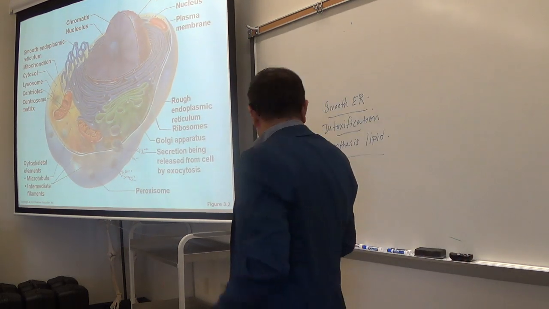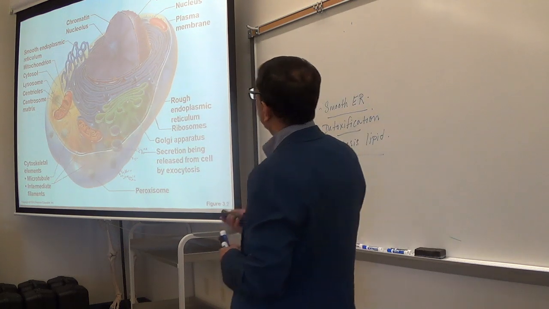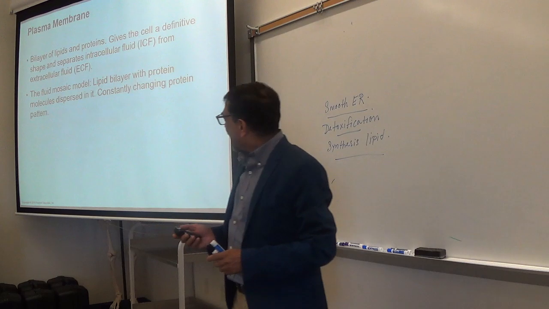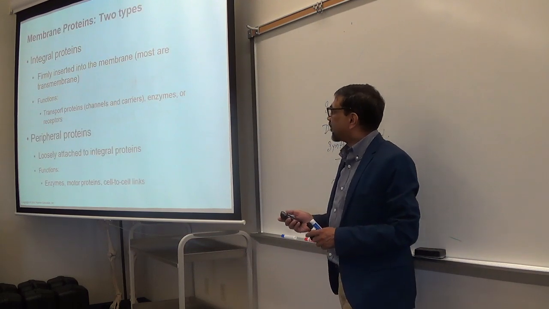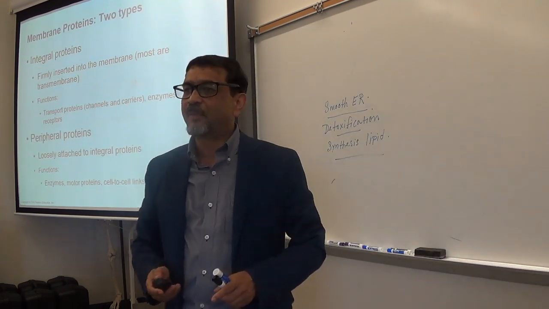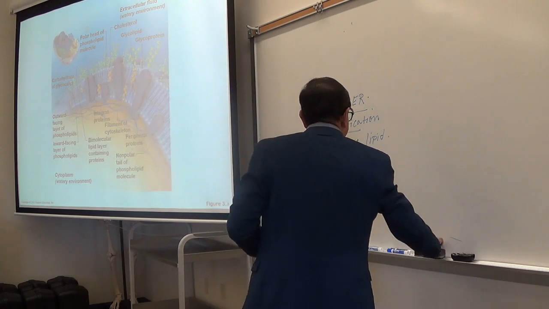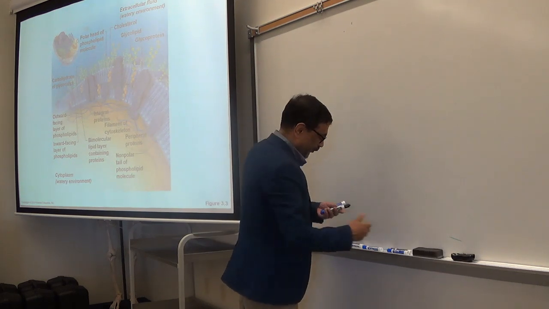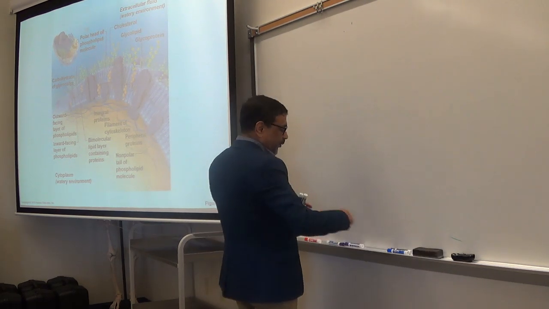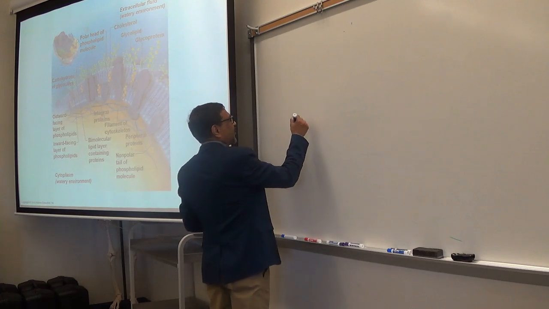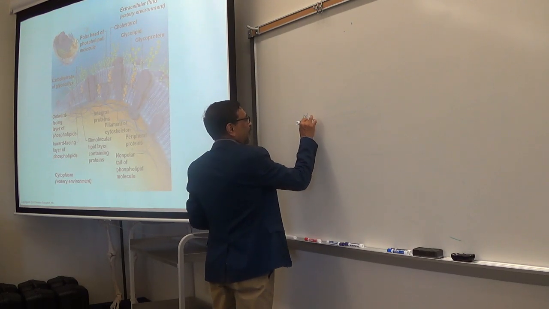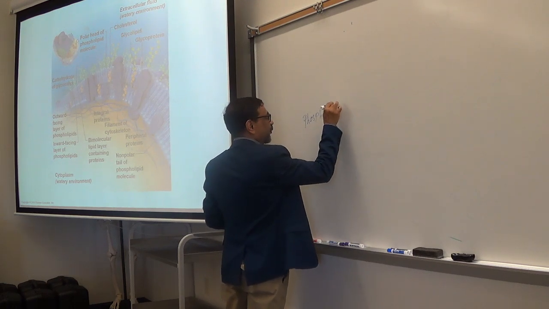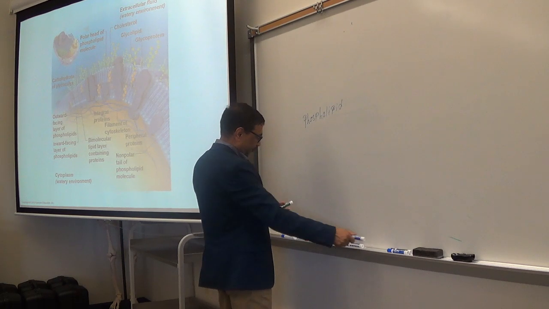Okay. So plasma membrane or cell membrane. If you see the structure of a cell membrane under the microscope, powerful microscope like electron microscope, the structure of a cell membrane is called phospholipid bilayer.